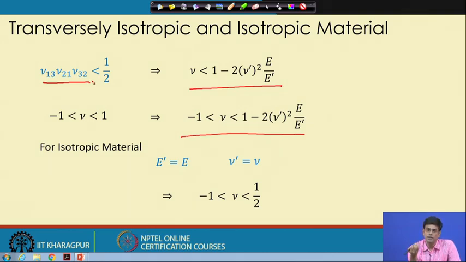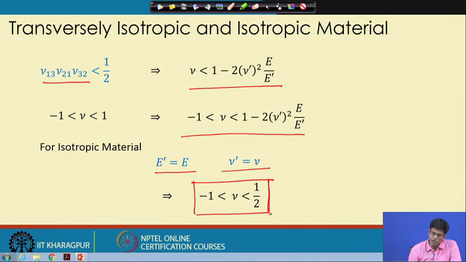This non-arbitrariness is coming from the positive definiteness of the stiffness matrix, and this positive definiteness of the stiffness or the compliance matrix implies some restriction on the engineering constants. If we again choose the isotropic material, where E dash equals E and nu dash equals nu, then this will lead to the result we already know from our strength of materials knowledge.